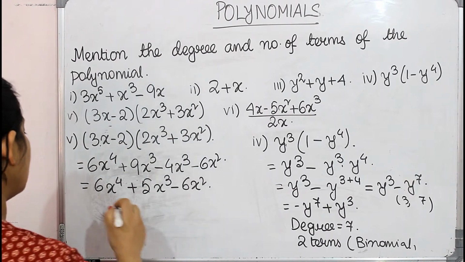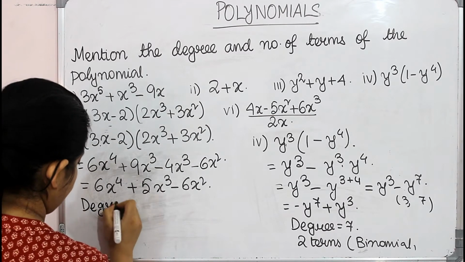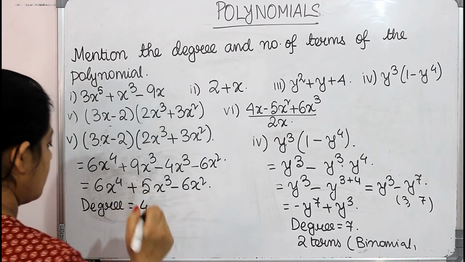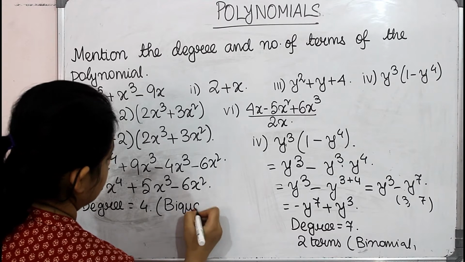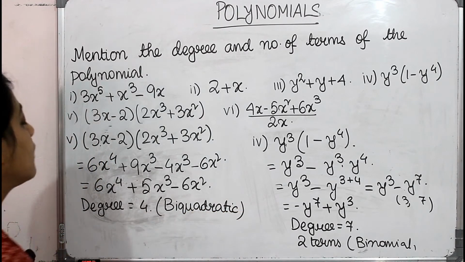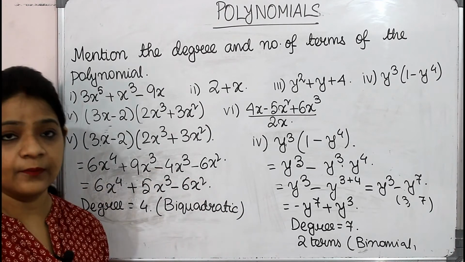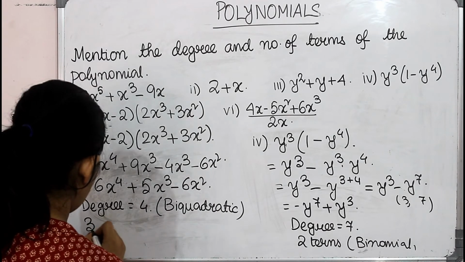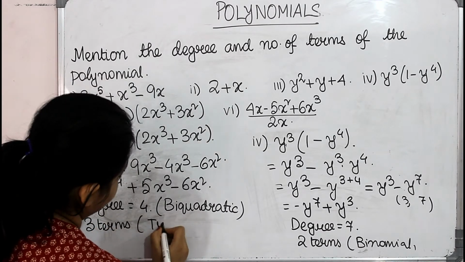So we will call this as degree is equal to 4. Okay, so we will call this as what? Biquadratic. Biquadratic. Okay, and how many terms? 1, 2, 3 terms are there. So 3 terms. So we will call this as trinomial.